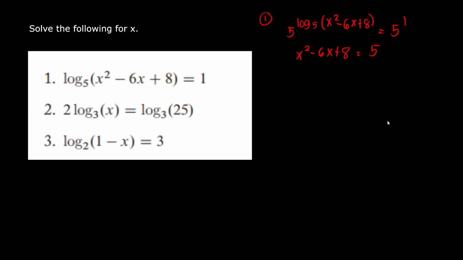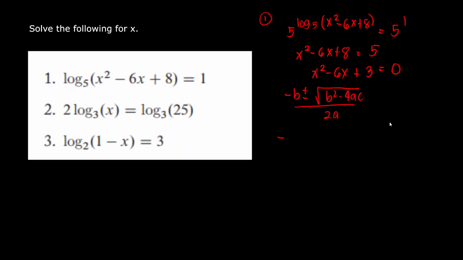Okay, and then simplify natin. X squared minus 6x, 8 minus 5, that is 3, is equals to 0. Okay, gamitin natin yung quadratic formula, negative b plus minus square root of b squared minus 4ac over 2a.